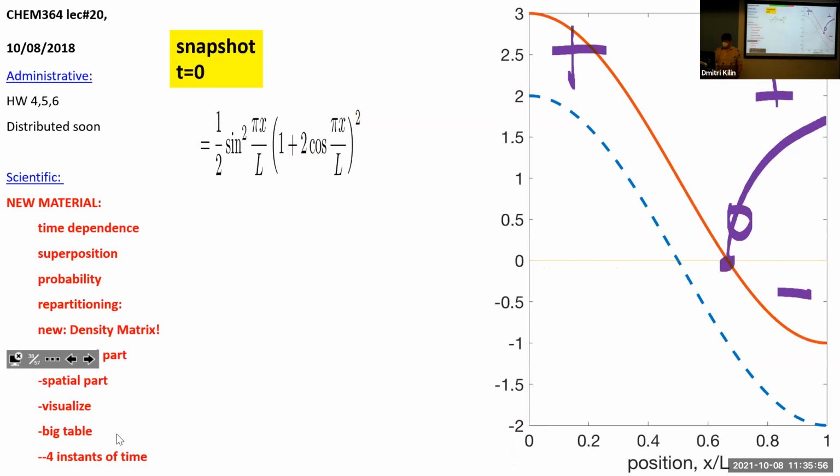If I add 1, it is just shifted up, right? So it will change from -1 to +3. And what is interesting, after this shift up, this red line will intersect the x-axis at a point which is shifted from the center, right?